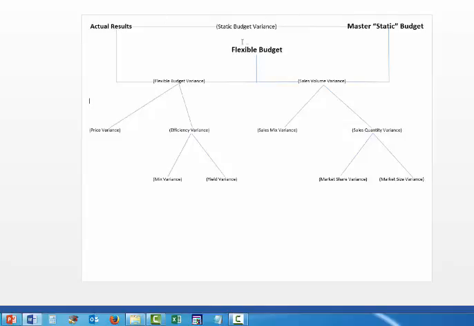All right, once we have put this flexible budget together, we can then take it even further.